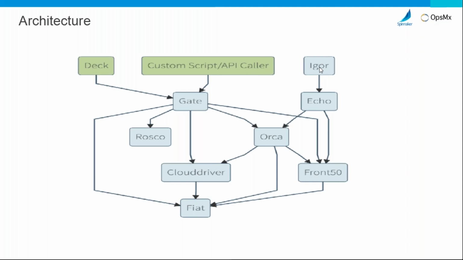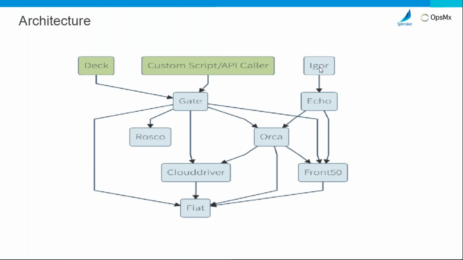And so you might have this question: how can we integrate all these microservices, all these services into one single place so that Spinnaker runs successfully? So Halyard is the service manager.